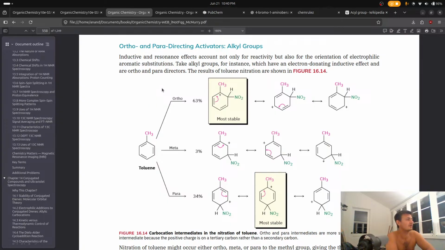Okay, ortho and para-directing activators, alkyl groups. Inductive and resonance effects account not only for reactivity, but also for the orientation of electrophilic aromatic substitutions. Take alkyl groups, for instance, which have an electron-donating inductive effect and are ortho and para-directors. The results of toluene nitration are shown.